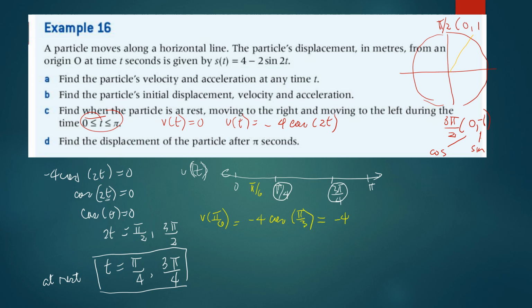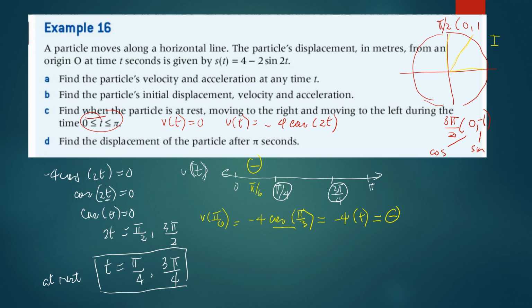Now we have negative 4 and look for the value of cosine pi over 3. Cosine pi over 3 is in the first quadrant. The cosine here, or the x value, is positive. So 4 times positive is negative. So negative there.